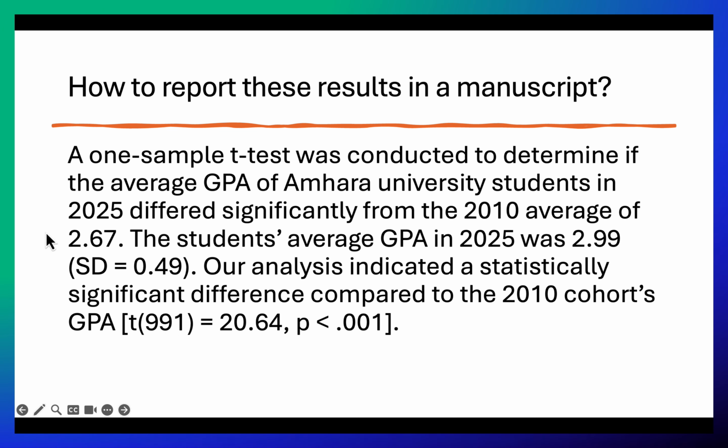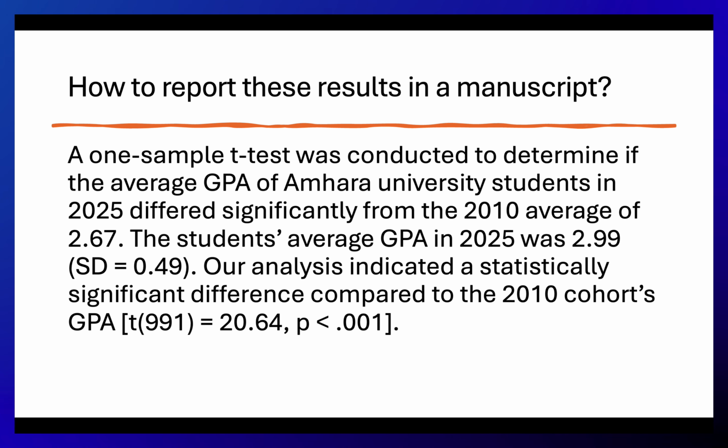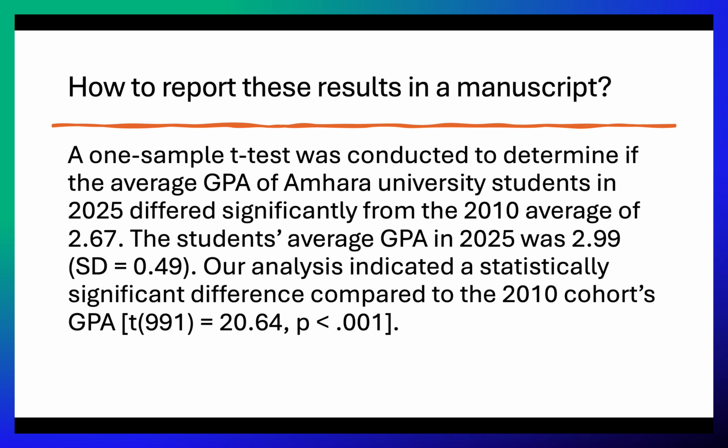And then you give them the t-statistic that was calculated here, as well as the p-value being less than 0.001 again. So that means that our chances of being wrong are less than 99.9%. So that's how you would write up these results in a paper. And again, you'd also want to put your results table in your manuscript as well. It's very important to be as comprehensive and transparent as possible when reporting the results of your analyses.